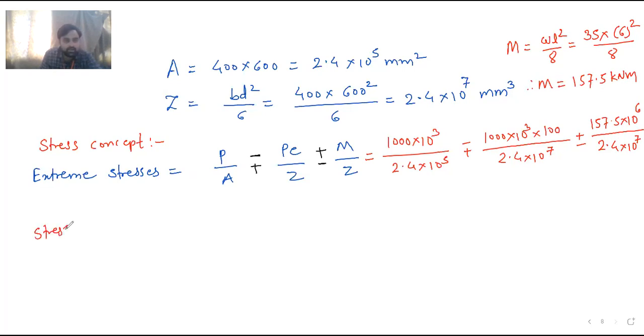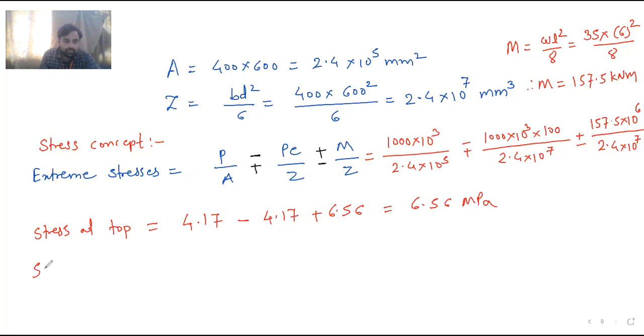Stress at top: 4.17, and M by Z is 6.56. So here at top, this is minus, this is plus.